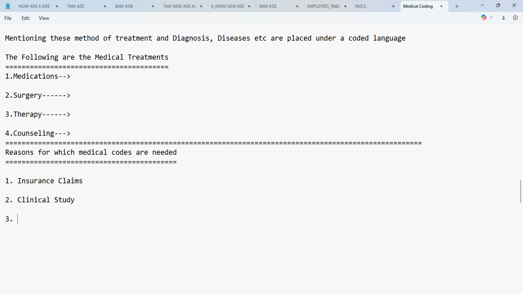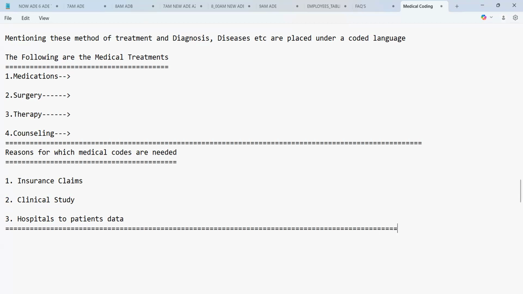And what is the other purpose for which we require medical codes, everyone? For hospitals to maintain the patients' data. So for all these purposes, guys, we require medical coding.